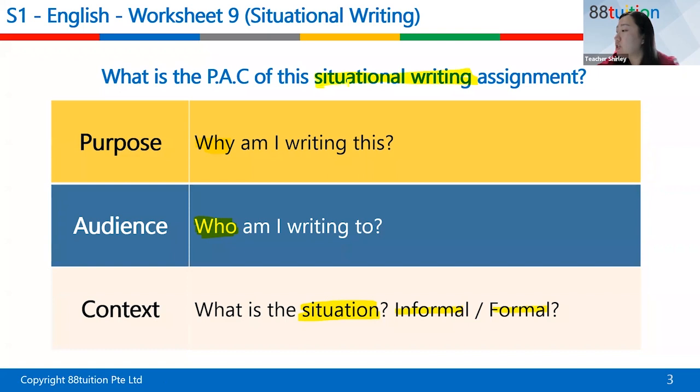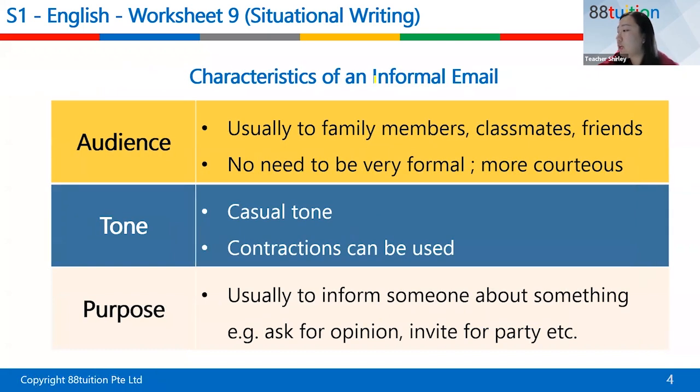Now we are going to narrow it down to what we are doing today, which is your informal email. In terms of informal email as a genre, since it is informal, the audience are usually your family members, your classmates, your friends, or whichever.